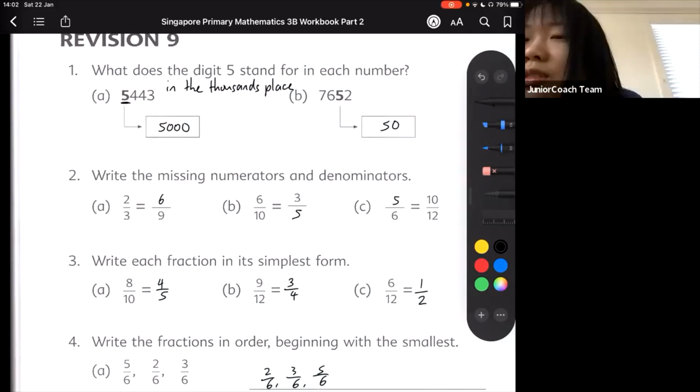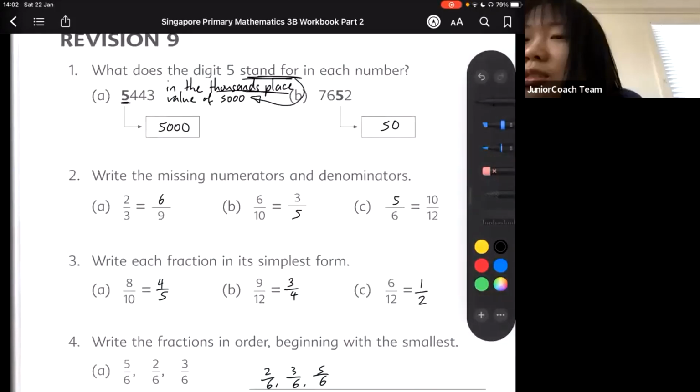And it has a value of 5,000. So when we say stand for, we're looking for the value here, not which place it's in.